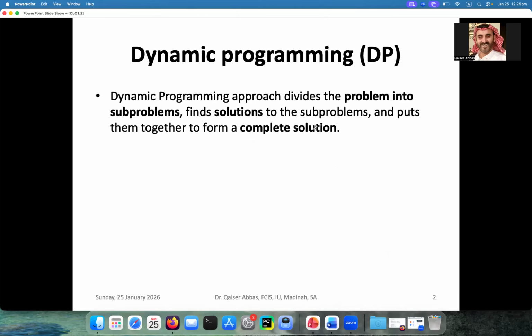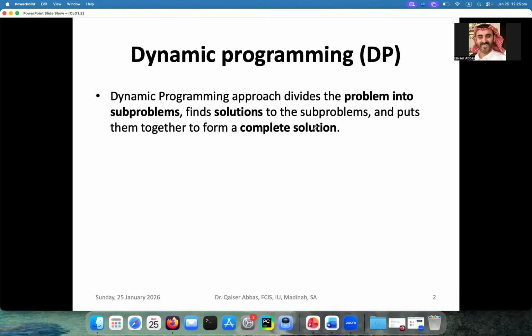But before that, what is dynamic programming? In dynamic programming, when a problem is given to us, with this approach we will divide that problem into subproblems. Then for those subproblems, we will find the solutions.